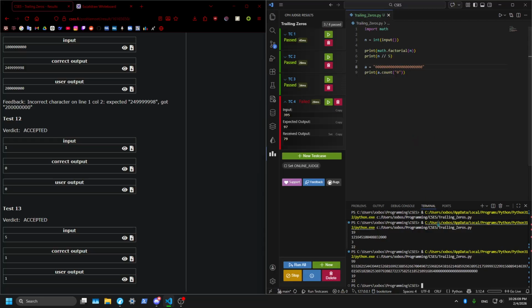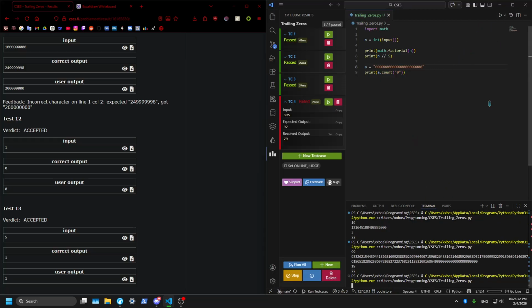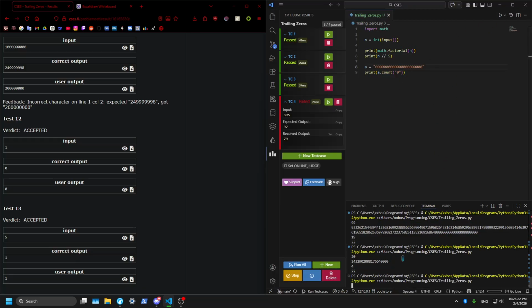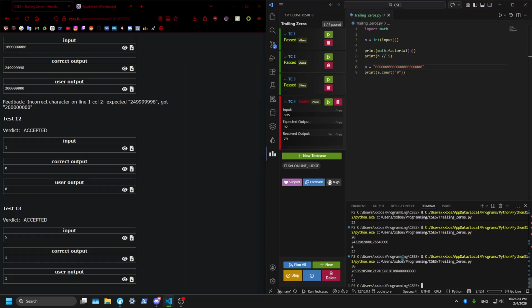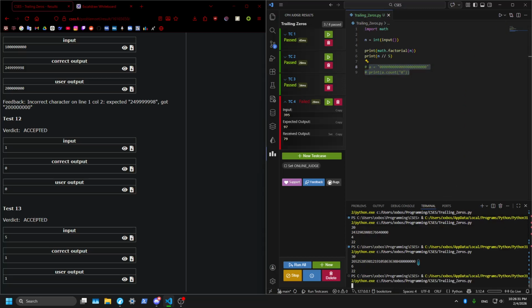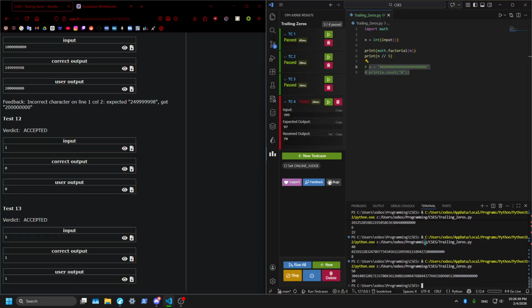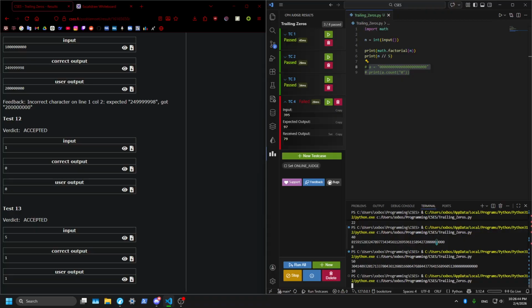I don't understand. 20 seems to work fine. 20 is 4. 30 is 6. That's to be expected. 40, so 40 should be 8. 50 should be 10. 60 should be 12.